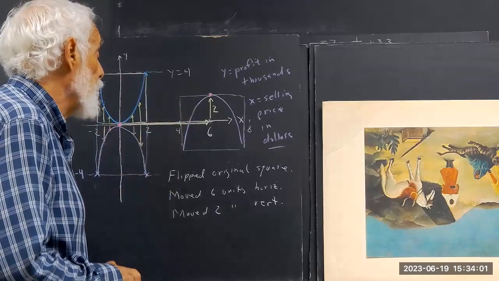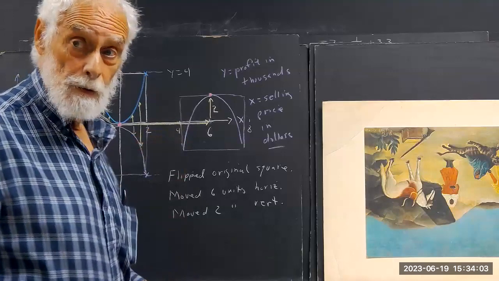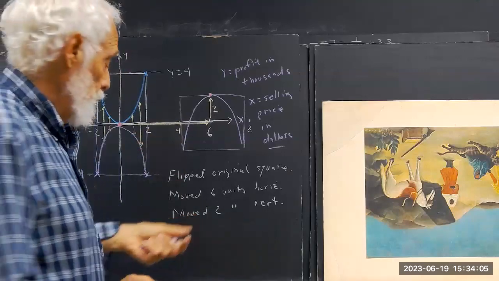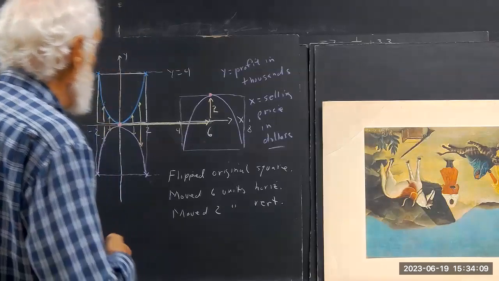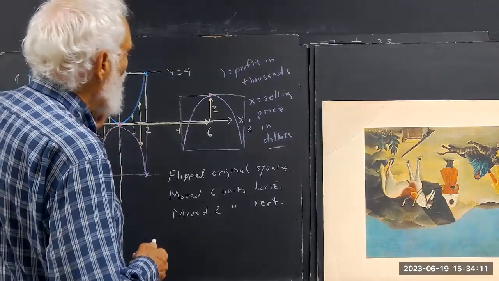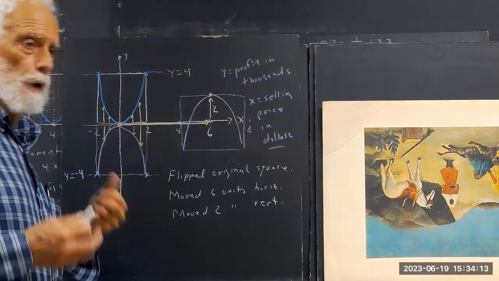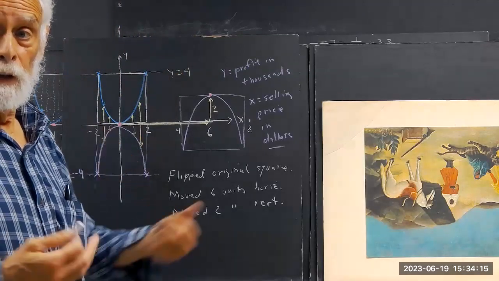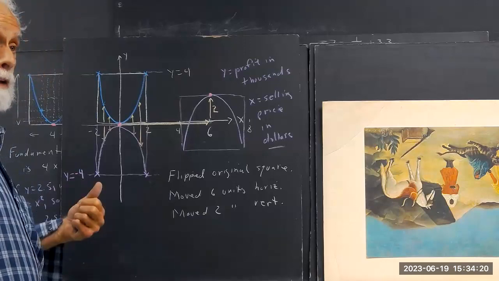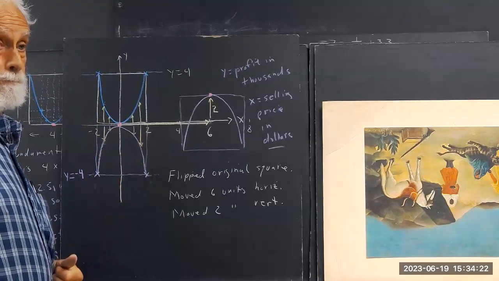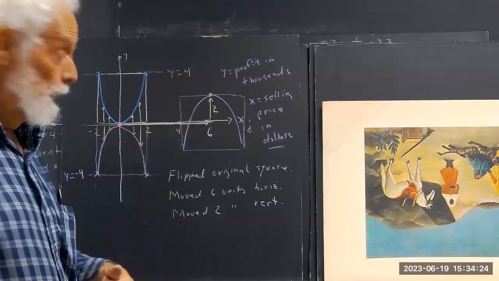Now, if this is an accurate model, and of course you've used market research to produce this model, and we're not going to get into how you do market research, can you see what price you want to charge in order to maximize your profit? And can you see what your maximum profit would be? Now you want to stop and think about that.